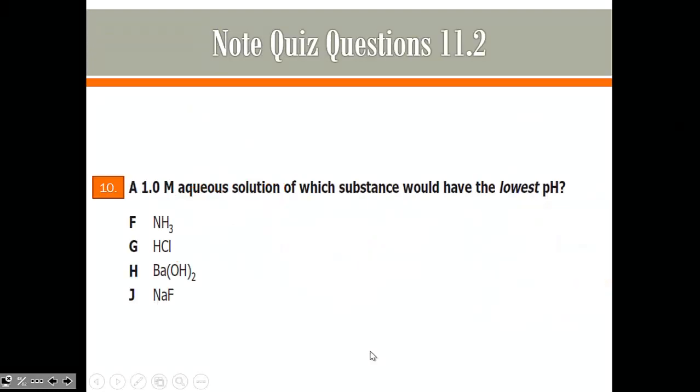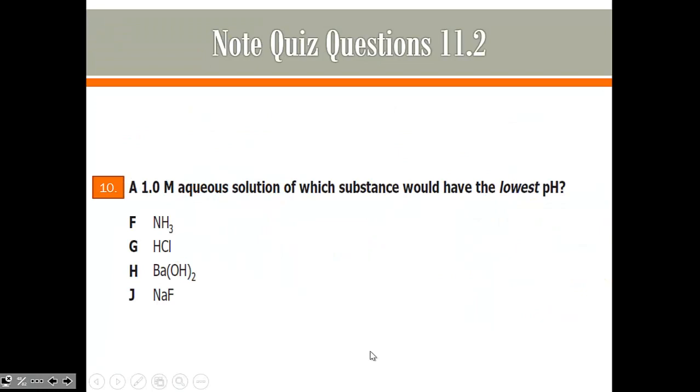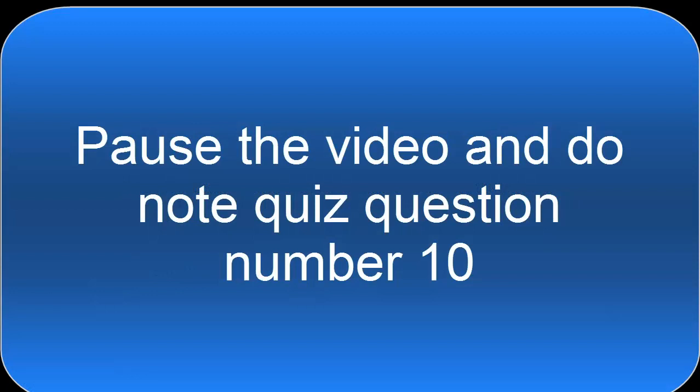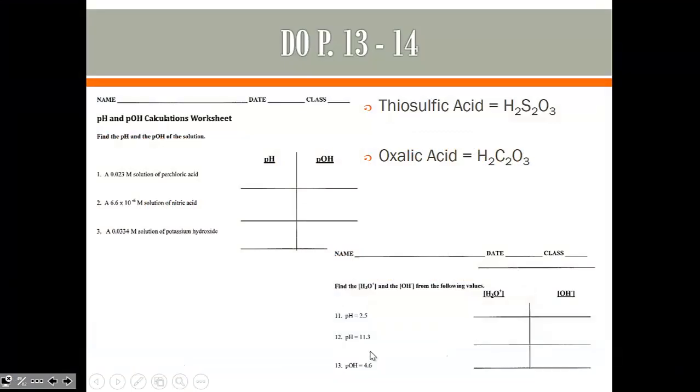With that being said, you're finally able to answer the final note quiz question. Make sure you make note of this at the end of your packet and record your answers in the Google form. You're also now able to do page 13 and 14 in your packet. On page 13, I provide you the concentration of an acid.